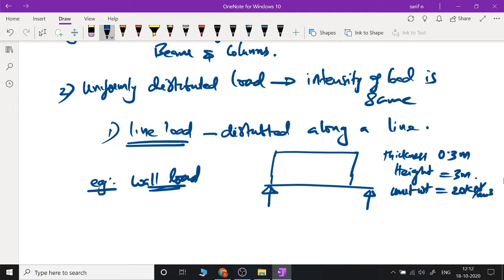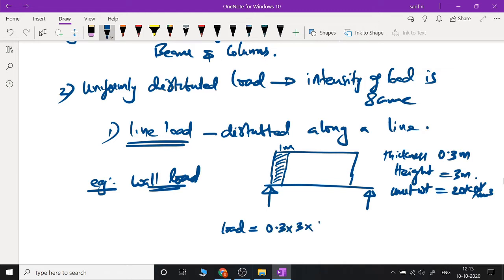So if we want to find the load that is distributed per meter length of the beam, all we have to do is take 1 meter of the wall. The load acting on this 1 meter will be equal to the volume into the specific weight.